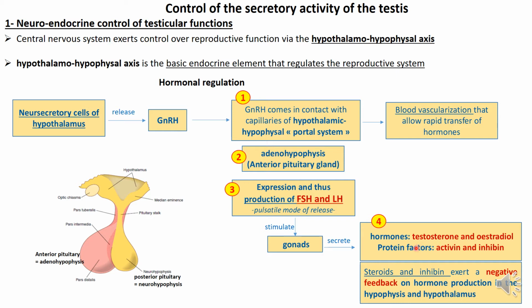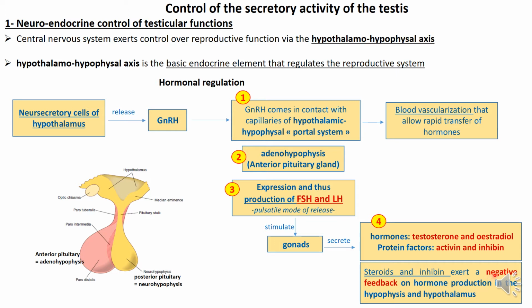Those produced hormones or factors can then exert negative feedback on the production of FSH and LH, and on the production of GnRH. For example, testosterone and inhibin exert negative feedback on hormone production in the hypophysis and the hypothalamus.